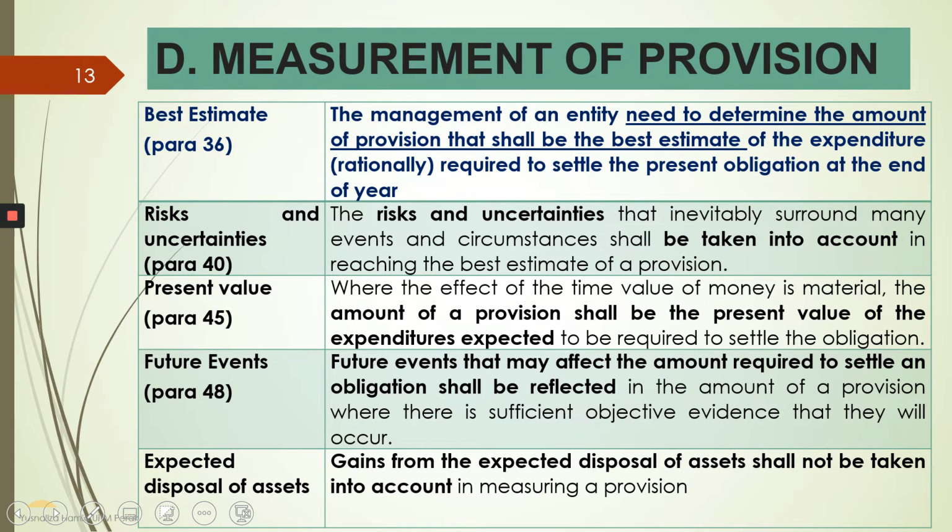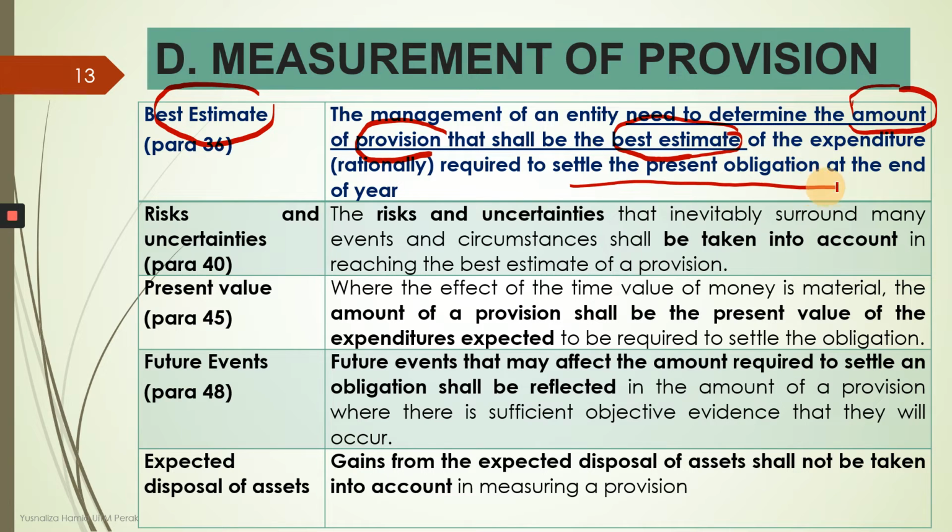Next is the measurement of the provision. So provision is normally being made based on the best estimate, determining the amount of provision should normally be based on the best estimate. Estimate as determined maybe by the lawyer, the board of directors, to settle the present obligation.